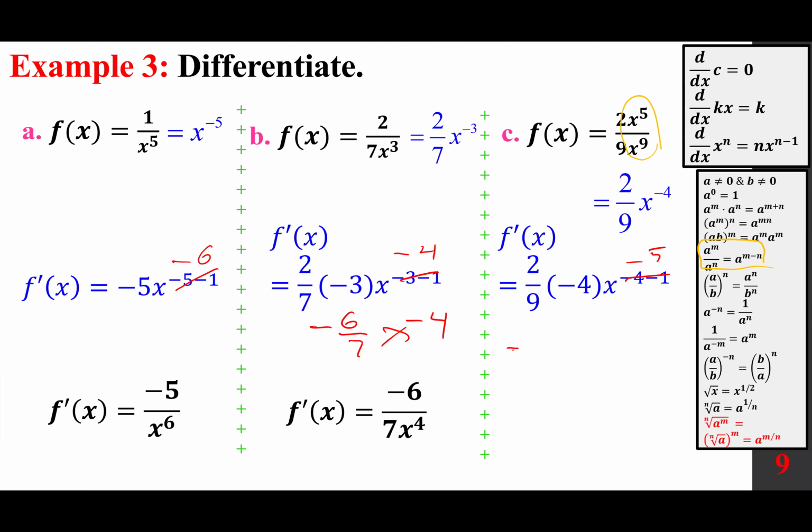And this is negative 8 over 9 x to the power of minus 5, which goes down, and we end up with f prime being minus 8 over 9x to the power of 5. So pretty straightforward, everybody.